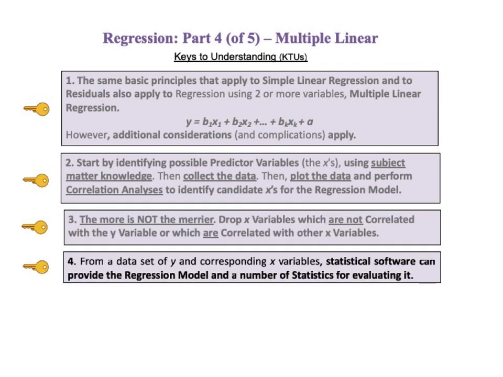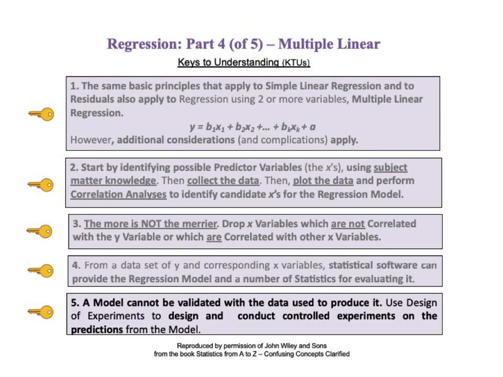The fourth key says, from a data set of y and corresponding x variables, statistical software can provide the regression model and a number of statistics for evaluating it. The fifth and final key to understanding says, a model cannot be validated with the data used to produce it. Use design of experiments to design and conduct controlled experiments on the predictions from the model.